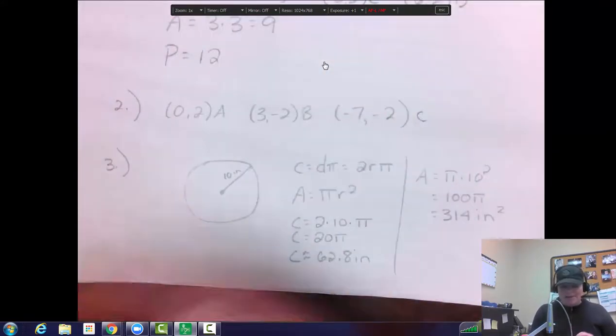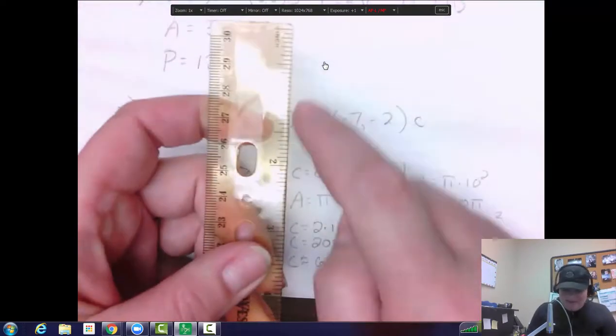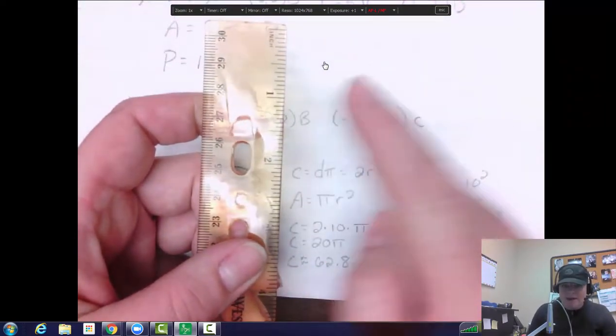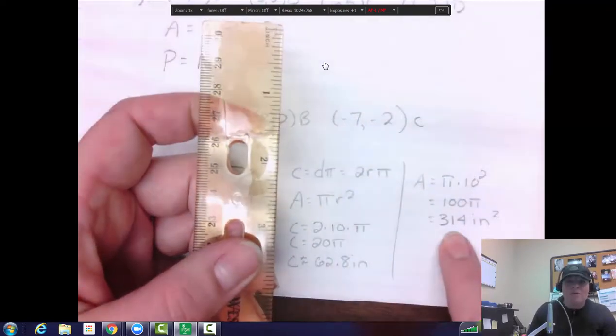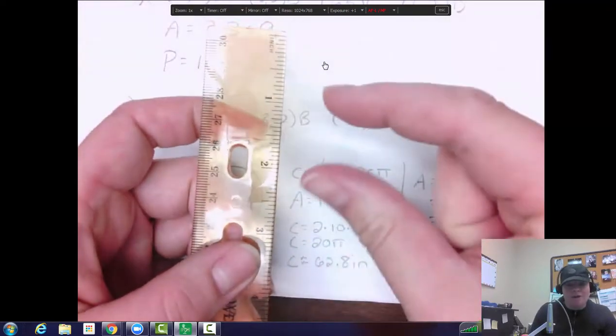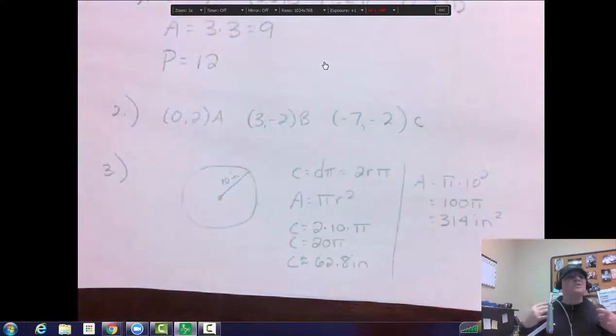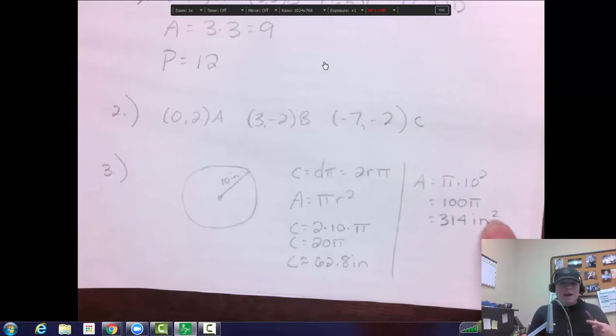A square inch is a square that's 1 inch by 1 inch, and I'm going to have 314 of those little squares that cover the shape. So the area has square units, and we always get lazy and just write the square, but if you write it out, it makes more sense. These are squares that are inches, or feet, or whatever.